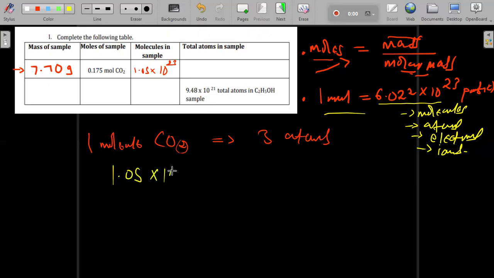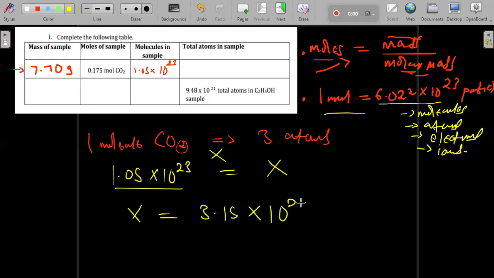Okay, so if in one molecule we have 3 atoms, what about in 1.05 multiplied by 10 to the power 23 molecules? How many atoms are we going to have? So you cross multiply, and x is equal to 3 multiplied by this number. So 3 multiplied by 1.05 times 10 to the power 23 gives me 3.15 multiplied by 10 to the power 23 atoms.